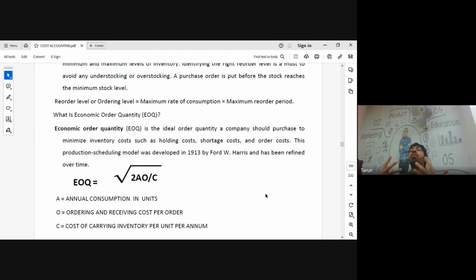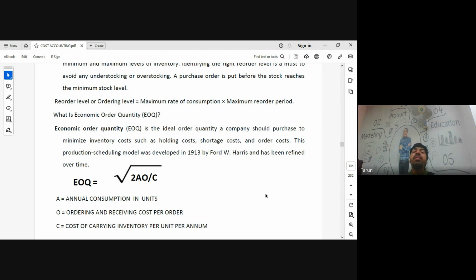It is an ideal quantity that a company would always like to purchase, to minimize the three types of cost: holding cost, storage cost, and order cost. It was developed by Ford W. Harris, and it has been changed according to the time.